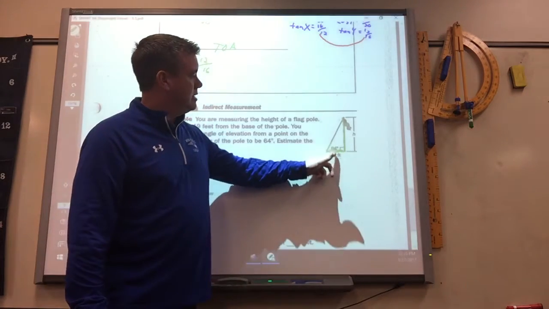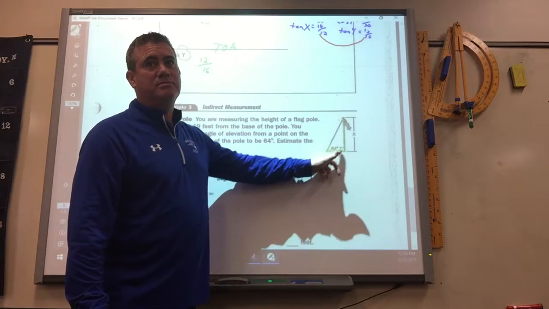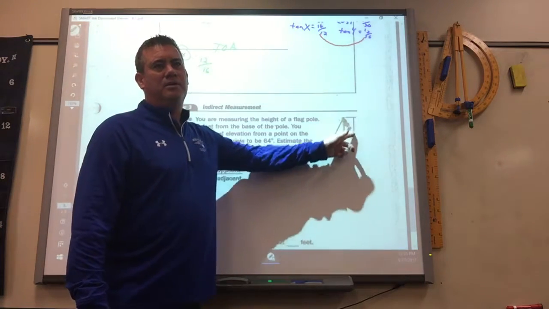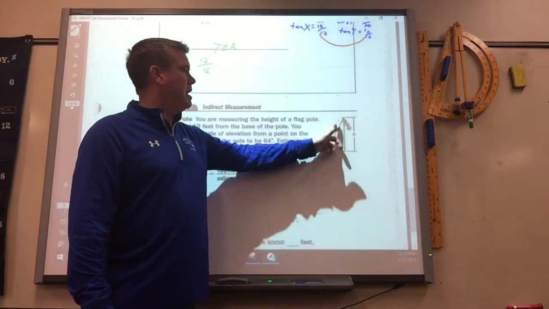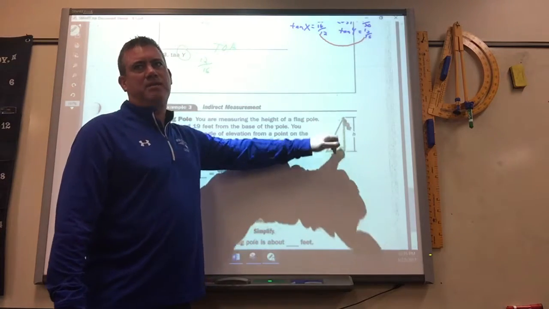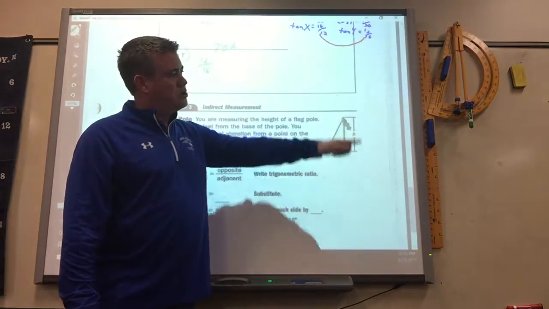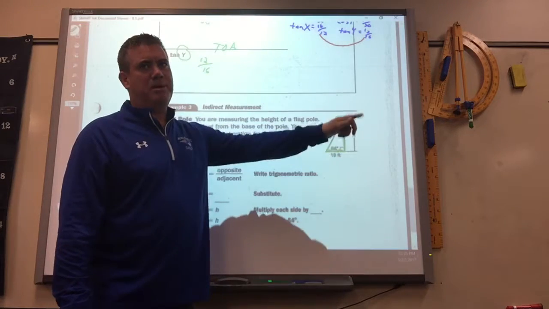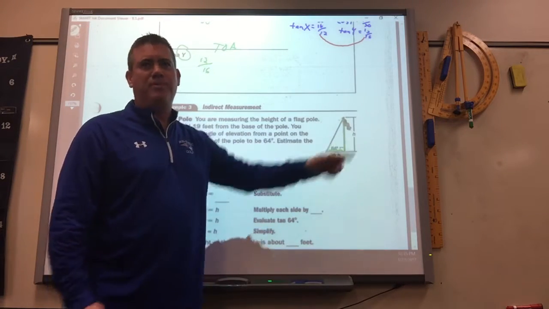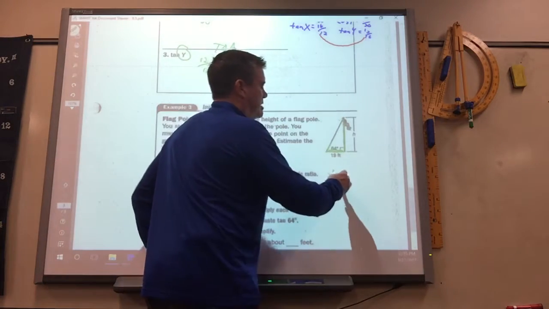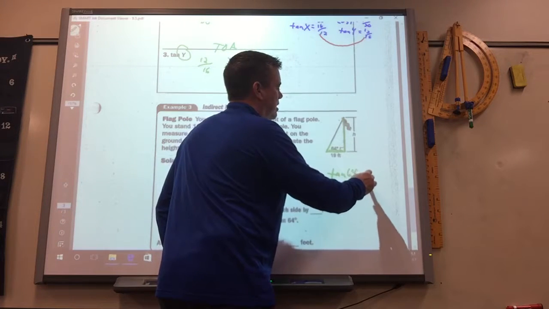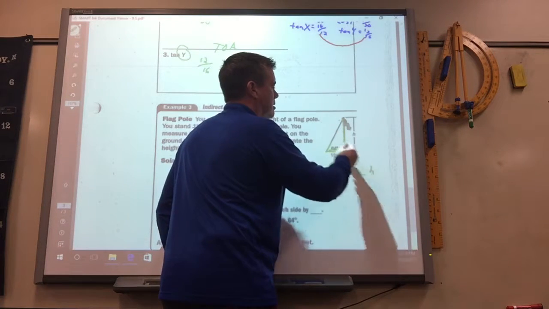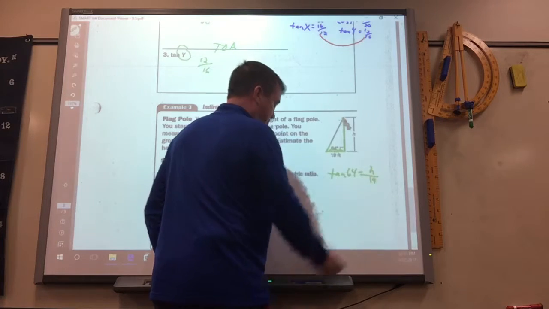They're adjacent and opposite. The hypotenuse, they don't want to know it, it's not being asked. So which trig function involves adjacent and opposite? Tangent. So it'd be the tangent of 64 equals opposite over adjacent.